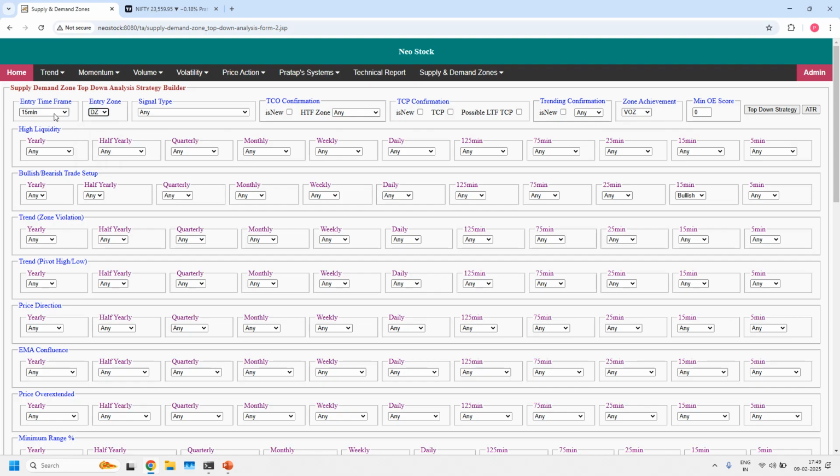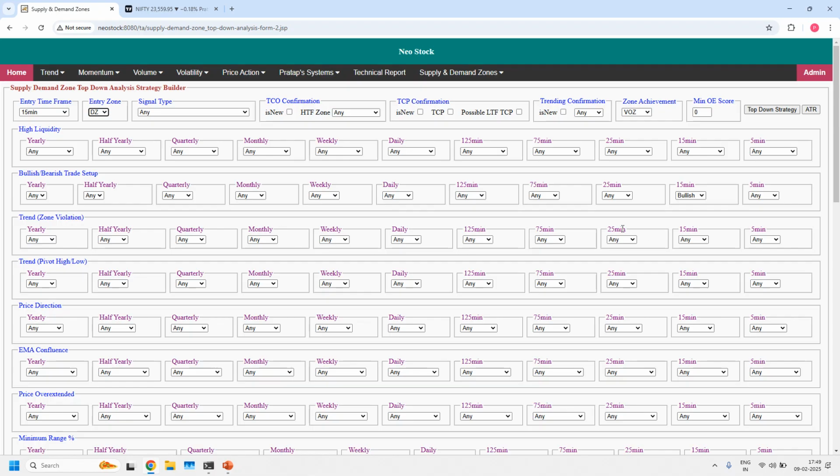So I selected the 15 minutes demand zone. Whatever filters I select, all the filters will be applied only to the 15 minutes demand zone. If the zone passes, only then does the software display it. Otherwise, the software rejects those zones. That way it is saving our time.